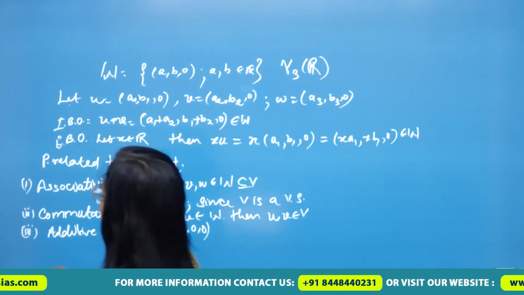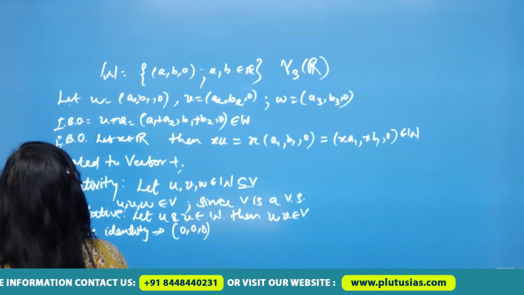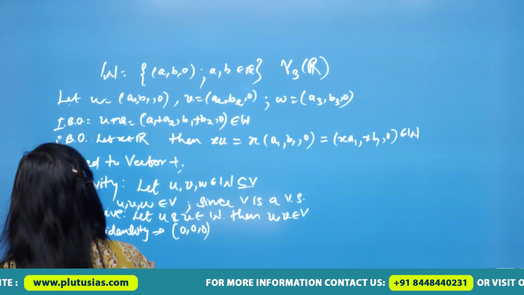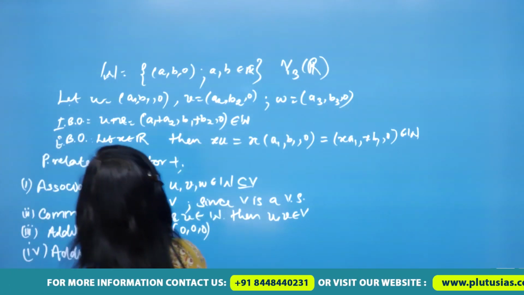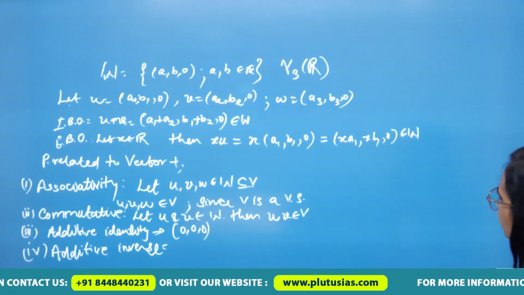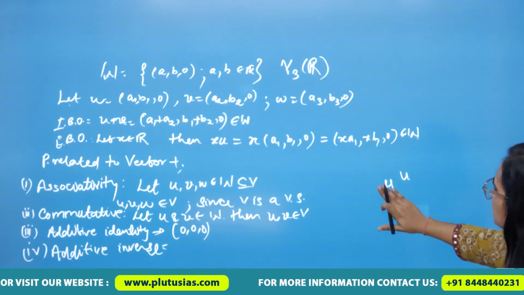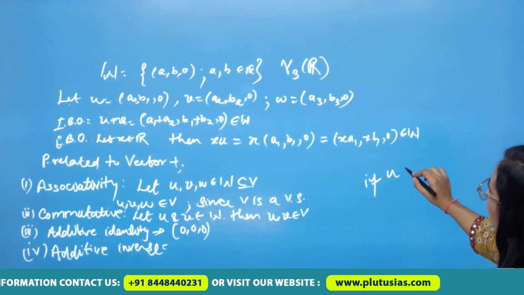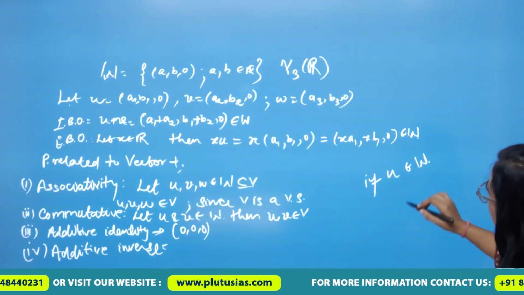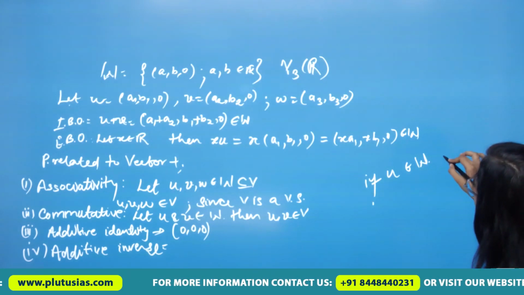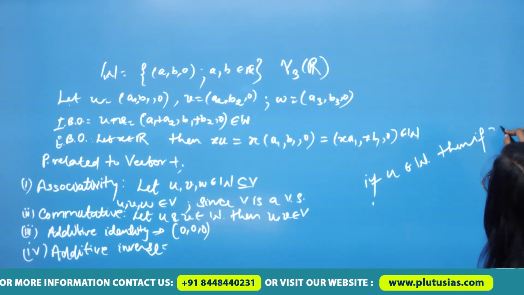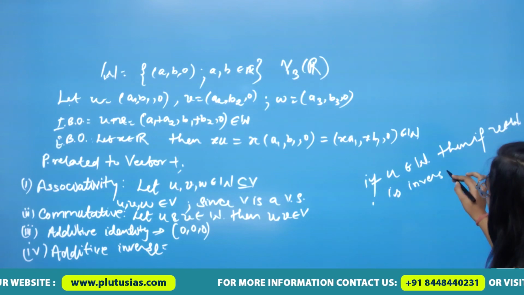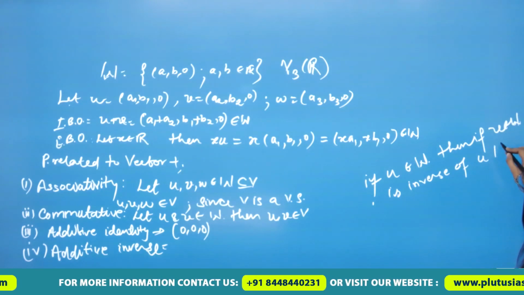Next we need to prove additive inverse. Again, for additive inverse we will consider that if u belongs to W, and v belonging to W is the inverse of u, then what should happen?